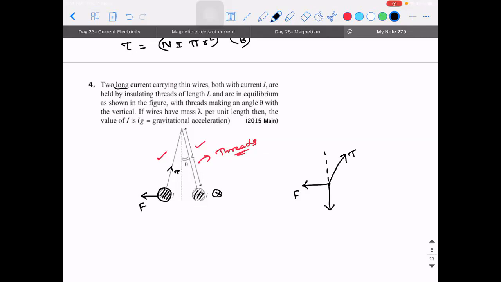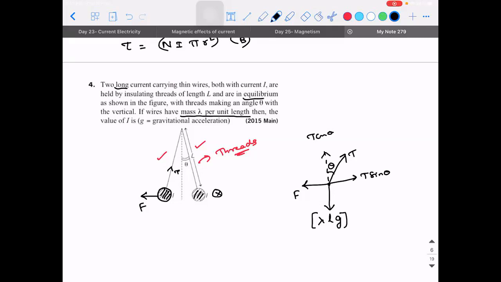So what is the weight of the object? If the mass per unit length is lambda, then I can write it as lambda into L into g. Then this is going to be theta. T cos theta, T sin theta.